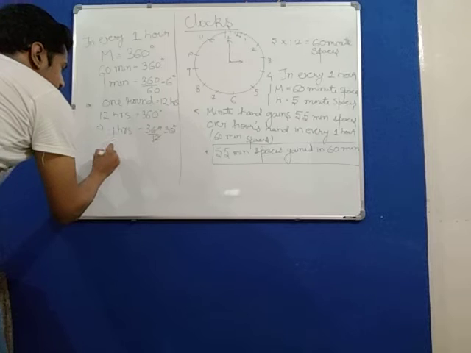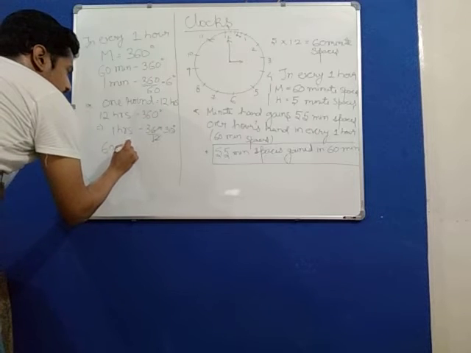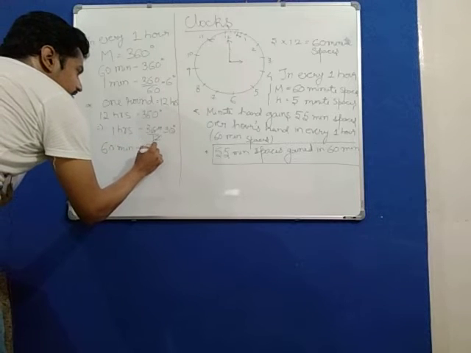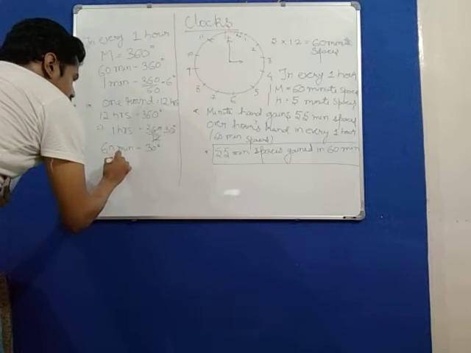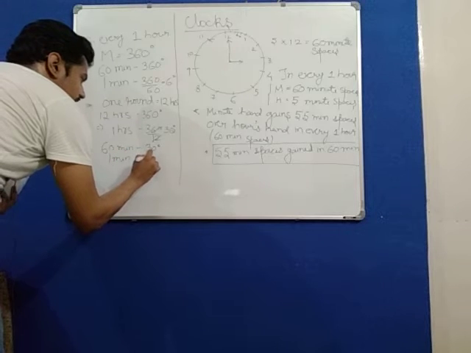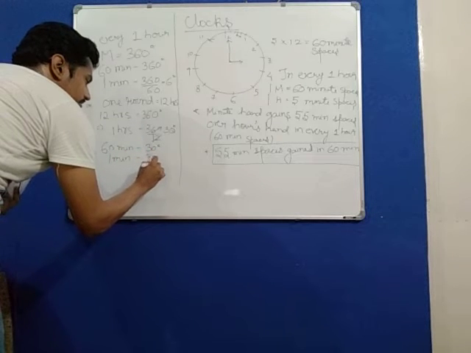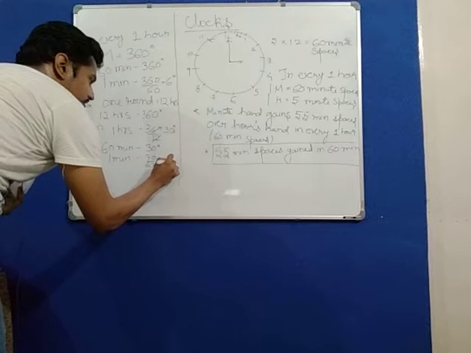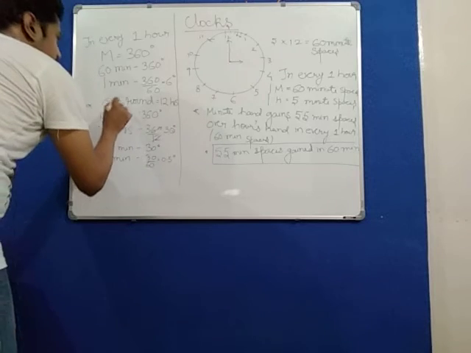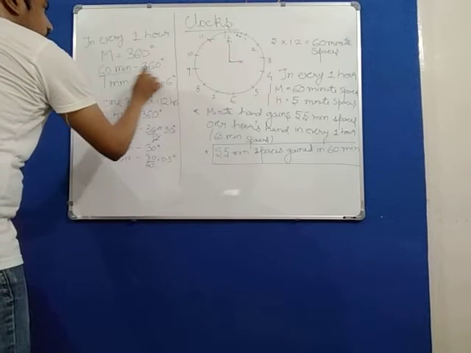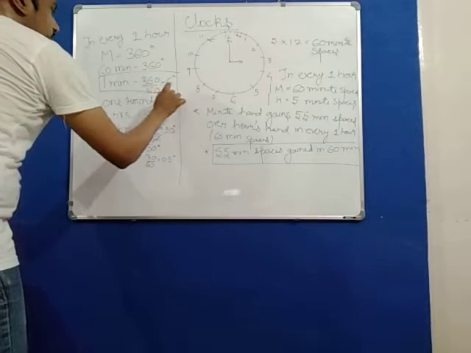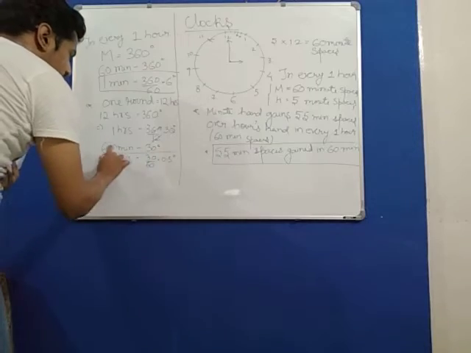So in 60 minutes, the hour hand covers 30 degrees. Therefore, in 1 minute the hour hand will cover 30 by 60, that is 0.5 degrees. This is another important concept that we have to remember in the clock's topic.